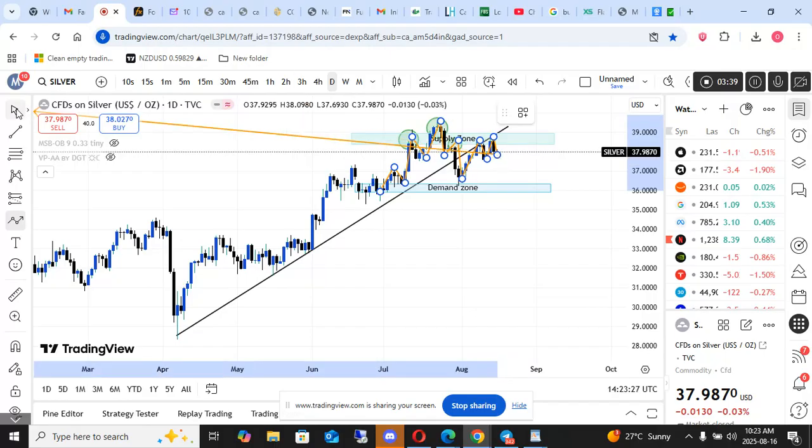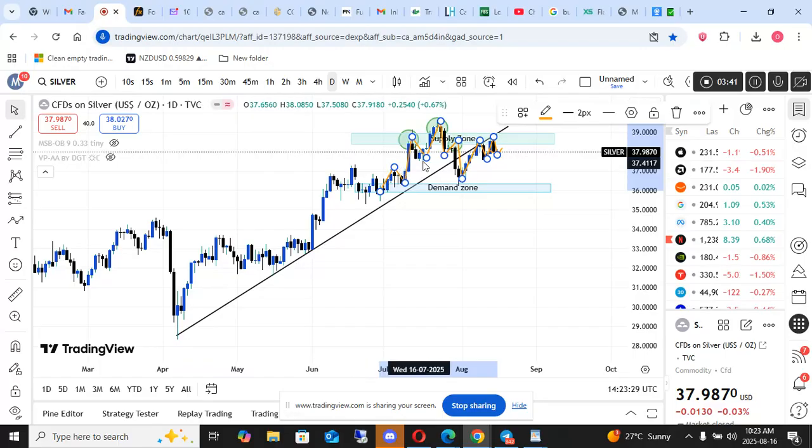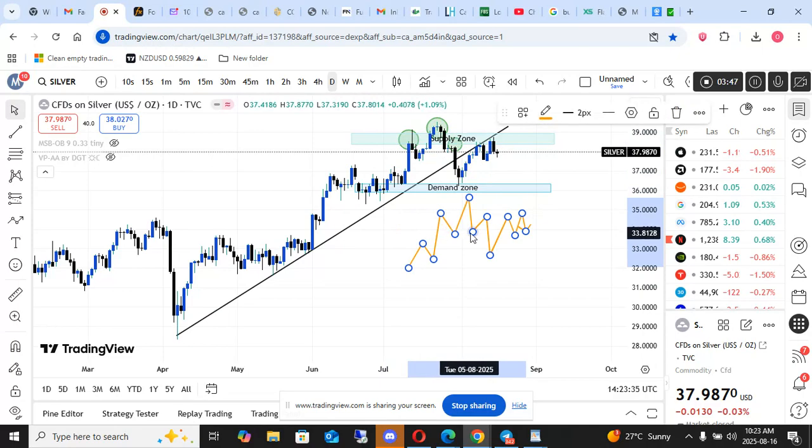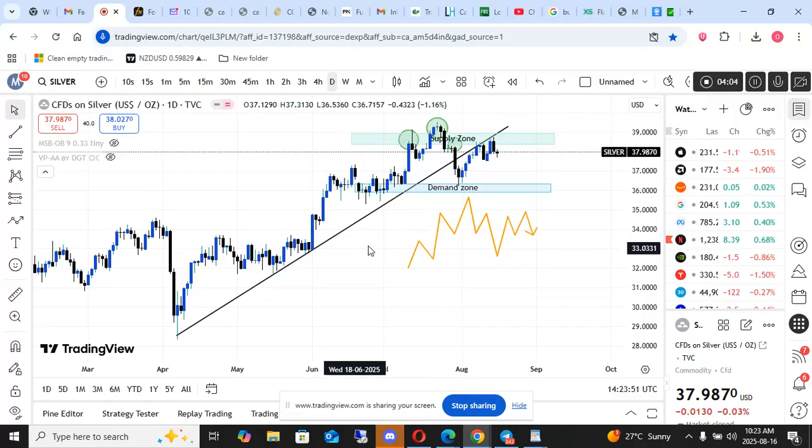Bringing out the structure so you can see clearly what the market is doing. In the real market, the market is messy, so I'm gonna quickly arrange it so you can see clearly.